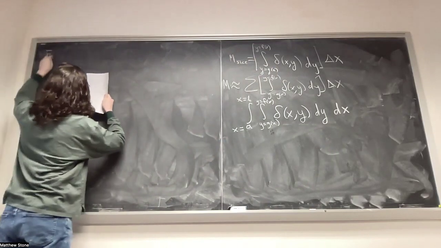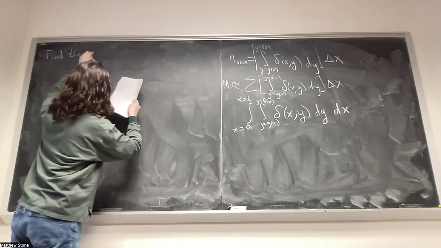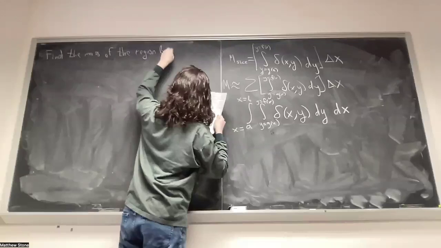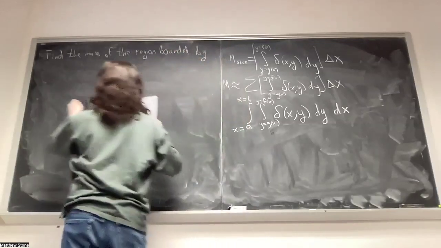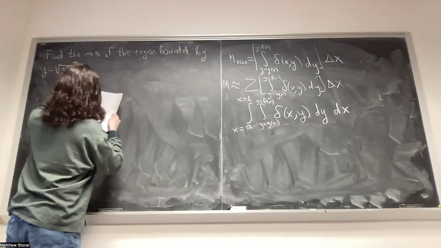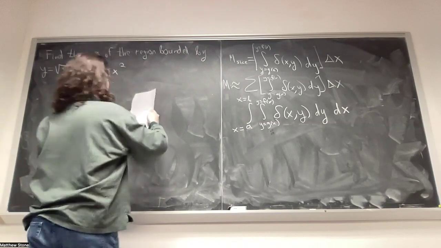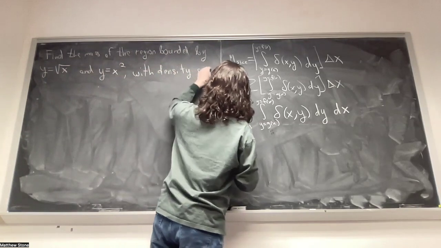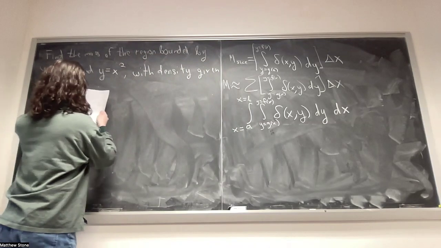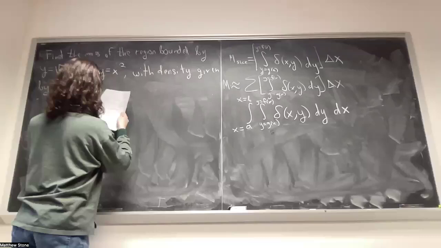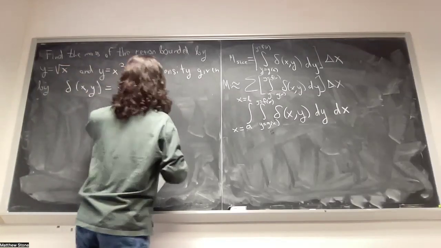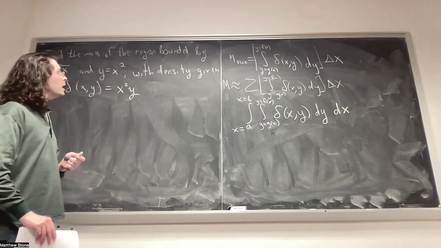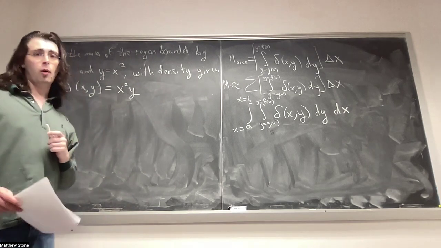So suppose we were asked to find the mass of the region bounded by the functions y equals square root of x, y equals x squared, with density given by delta of x y equals x squared y.